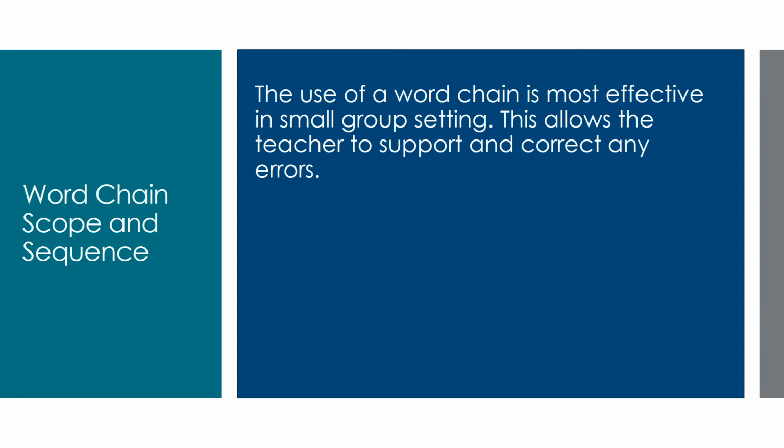When working with word change, the contrast is easier when the sound symbol change is made to the initial letter, as in sit, pit, lit. It becomes a little harder when changing the ending sound. For example, lip, limb, lib.